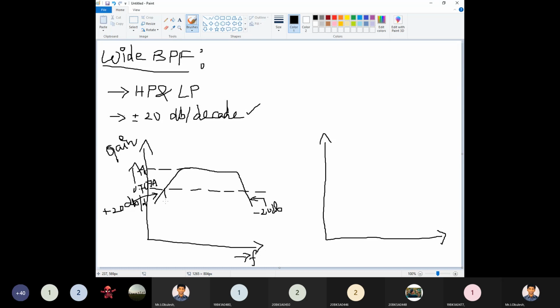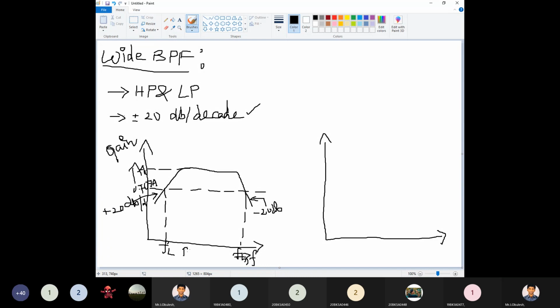This area is minus 20 decibels decay. So these two are cutoff frequencies: the lower cutoff frequency and the higher cutoff frequency. The difference between the higher cutoff frequency and the lower cutoff frequency is called bandwidth.